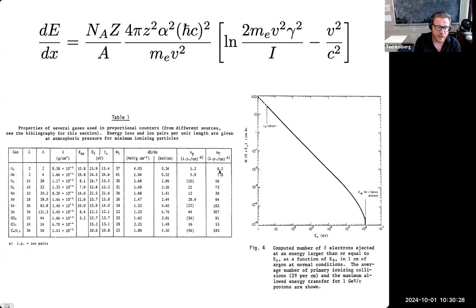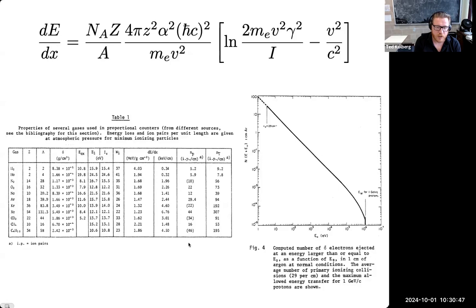And you see that it's actually a rather small number. So this NP column here is the number of discrete ion pairs produced by the primary interactions. That's before we take into account the further interaction of the charged particles with the gas after the primary ionization occurs.